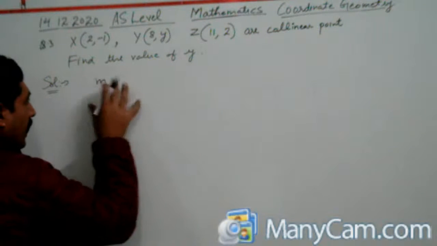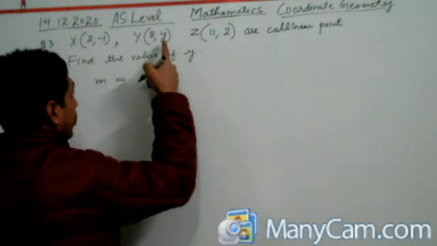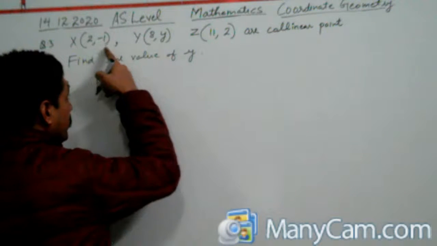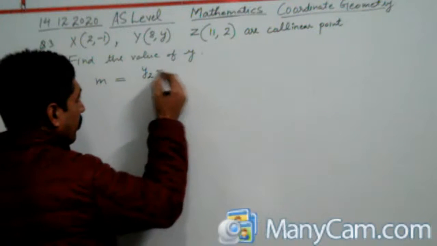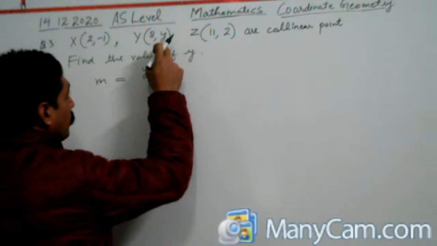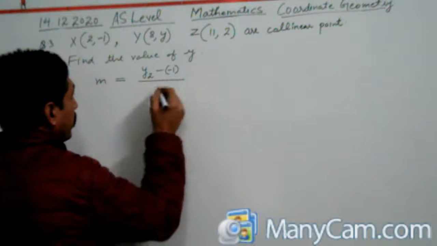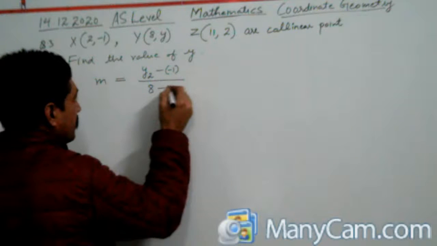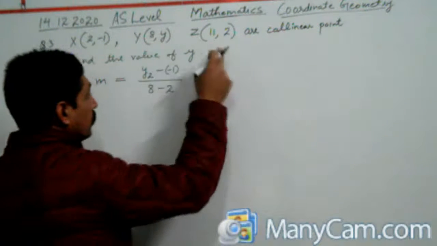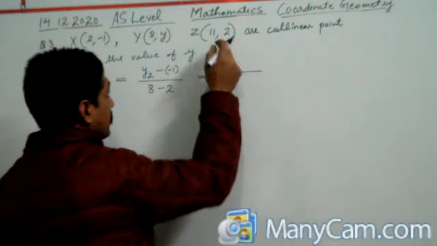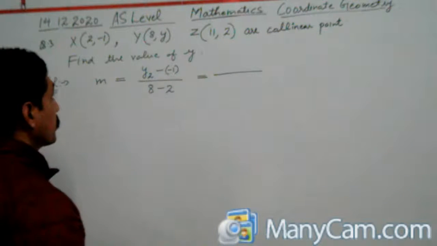Slope m is equal to (y2 minus of minus 1) upon (x2 minus of 2), which equals... we can take these 2, or we can take the third also.